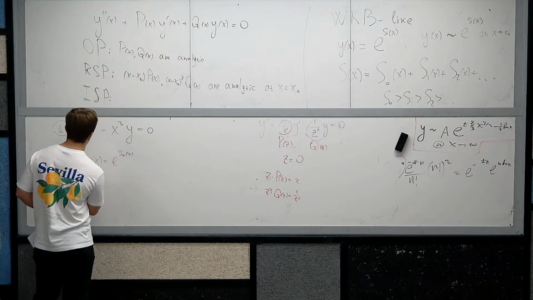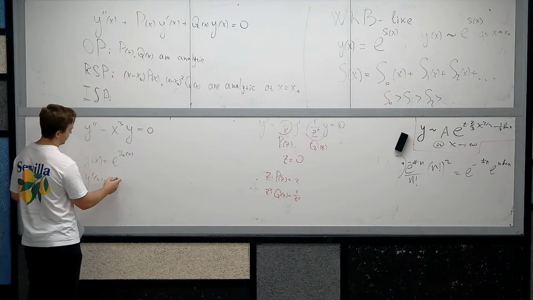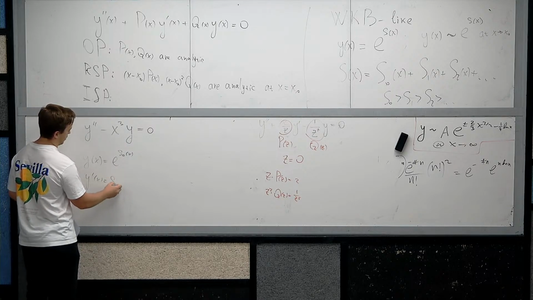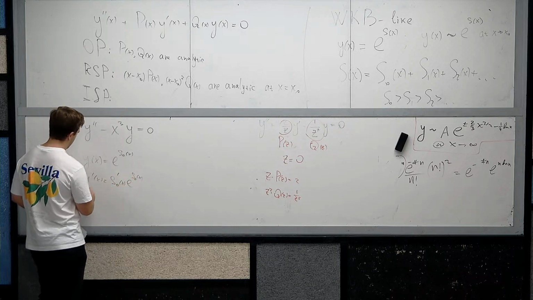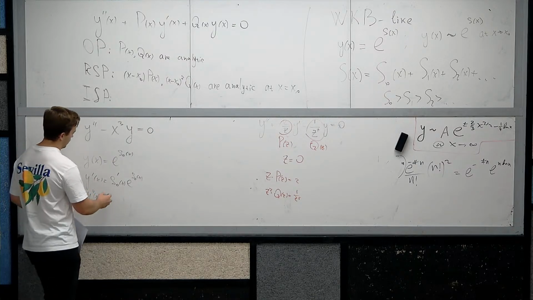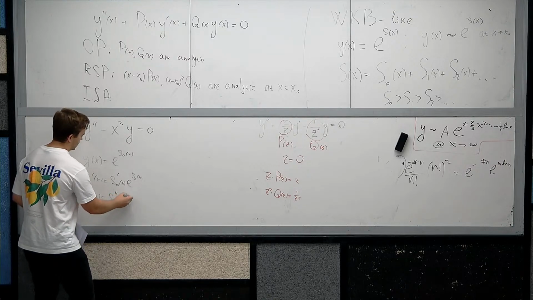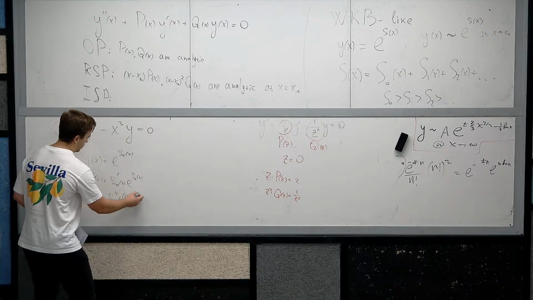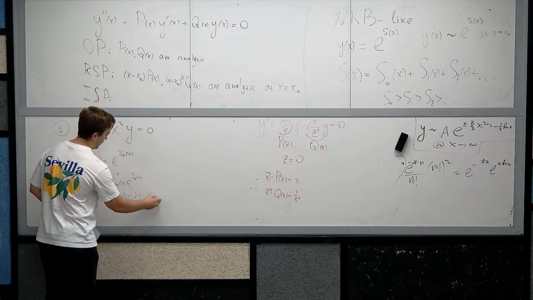Let's do it carefully. The first derivative will be S naught prime times e to the S naught x, right? Then we take the second derivative, which will be S naught double prime plus S naught prime squared, and all of these we multiply by the exponent.